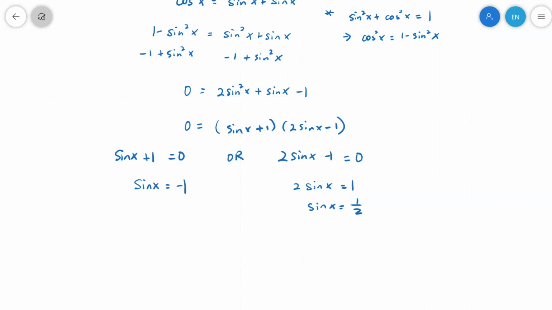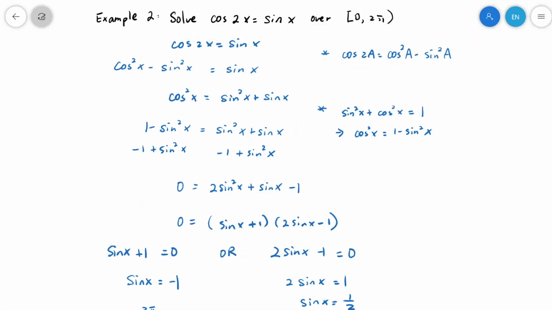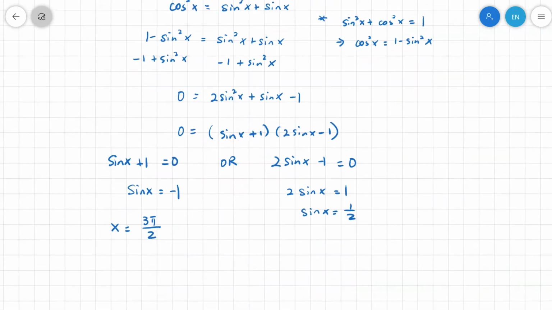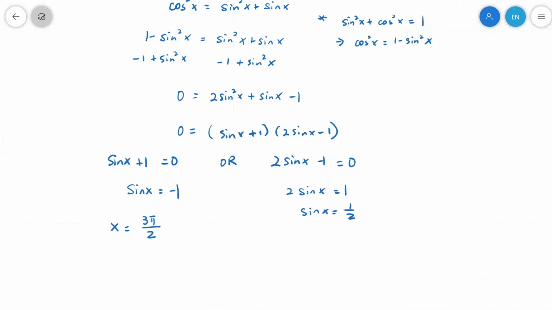Sine of x equal to negative 1 tells me that x is going to equal 3 pi over 2 in the interval of 0 to 2 pi. Sine of x equal to 1/2 tells me x is going to equal pi over 6, that is in quadrant 1, and also 5 pi over 6, that is in quadrant 2, because both give me sine of x equals positive 1/2.